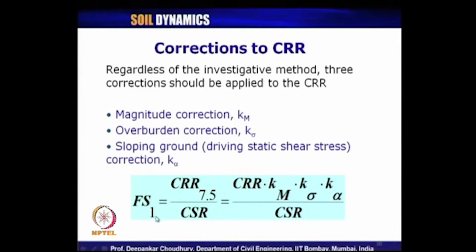So, factor of safety against liquefaction is expressed by CRR 7.5 divided by CSR. If we put in all the correction factors, if it is not at 7.5, it should be CRR at any magnitude, then you apply the magnitude correction factor K m, then overburden correction factor K sigma, and then sloping ground correction factor K alpha, divided by CSR.